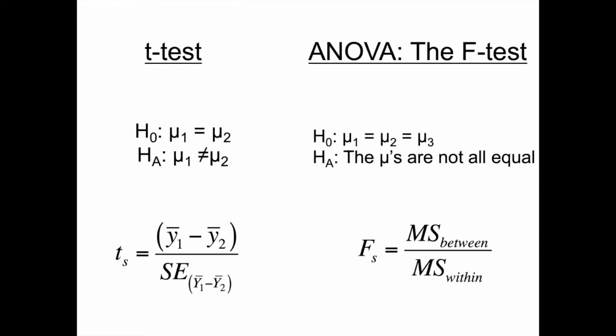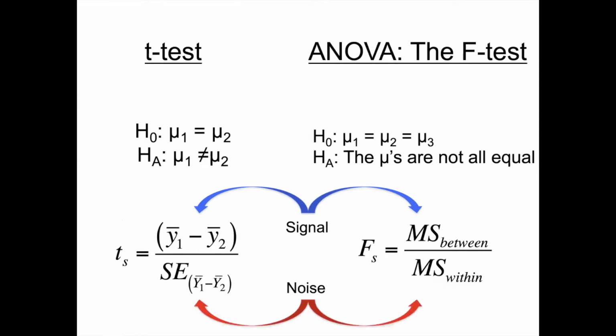The basic idea of these is very similar to our two-sample t-test, where in the numerator, we have some measurement of the difference between means, in this case, among all of the sample means, relative to the amount of noise or how much uncertainty we have within each of those samples.